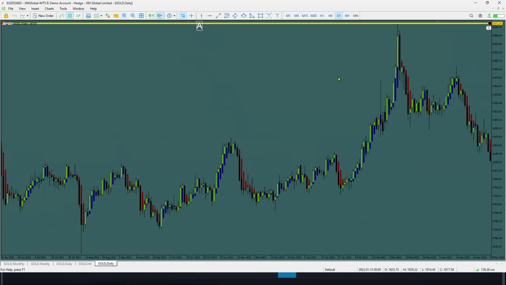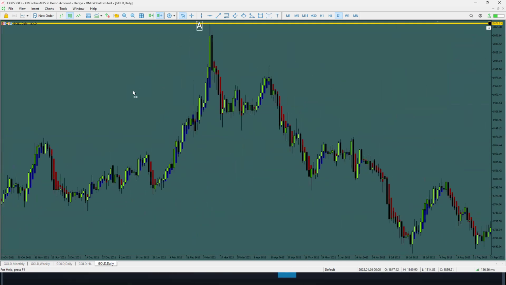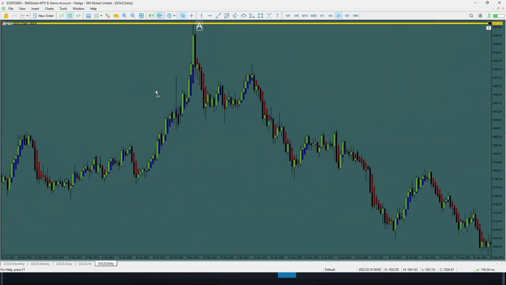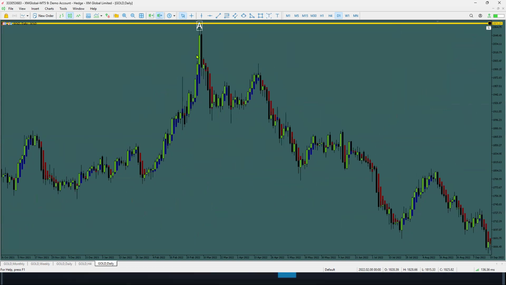Immediately after this, our A, this is two candles to the left, two candles to the right. Where is the next two candles to the left, two candles to the right? Tell me if I'm correct.